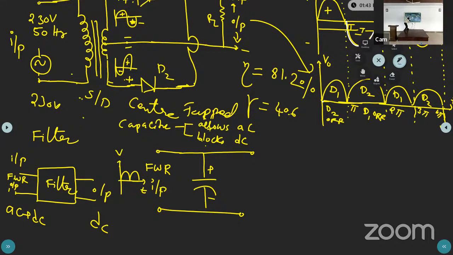But at the capacitor input, we are connecting AC plus DC. Both we are connecting as an input to the filter. Simply a filter circuit, a capacitor filter. Okay. Now, what is the output waveform? I will draw the output waveforms, the same output here.